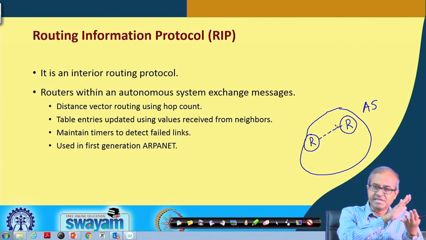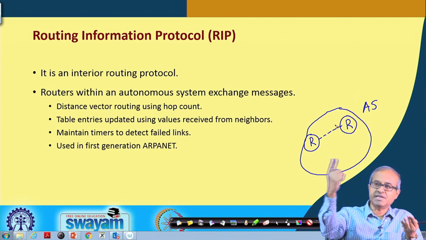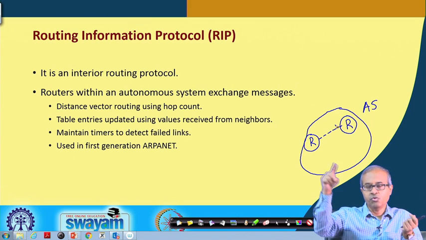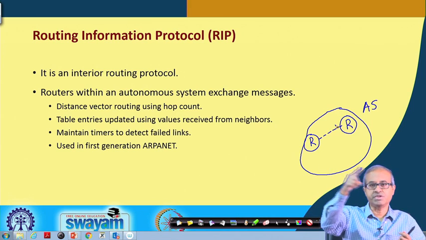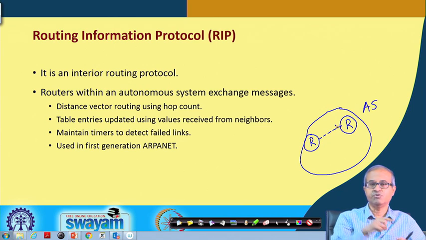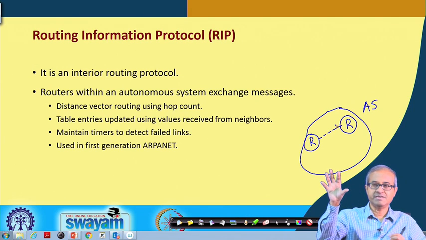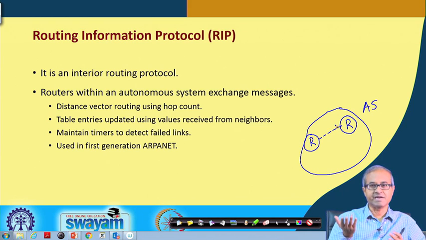But when I am sitting in this network, I want to send a packet to one of the computers in the other network. I do not know what is the status in the other network, which path is the best, which path is required to be followed. So, the other network can give me some information about the current state of the network, what are the links that are currently down, what are the links that are currently congested, various information like that.